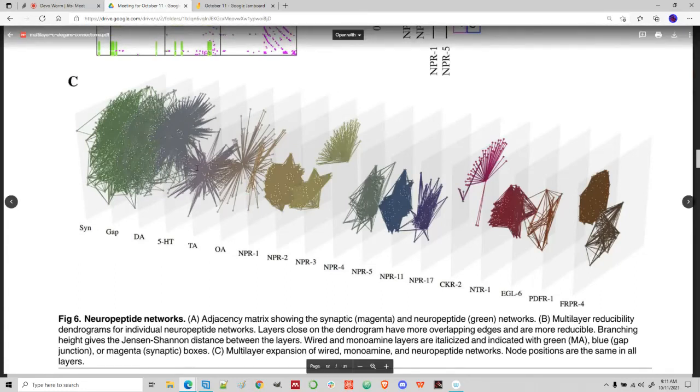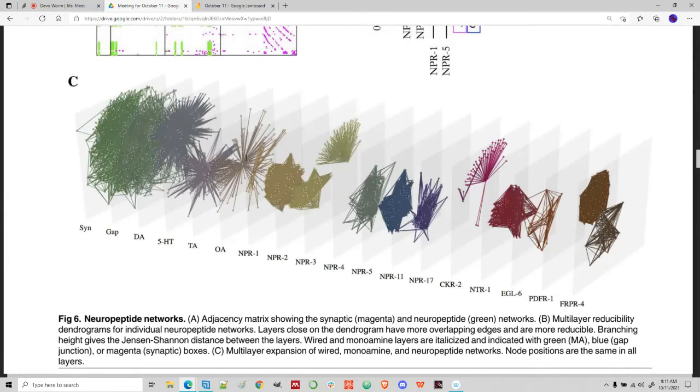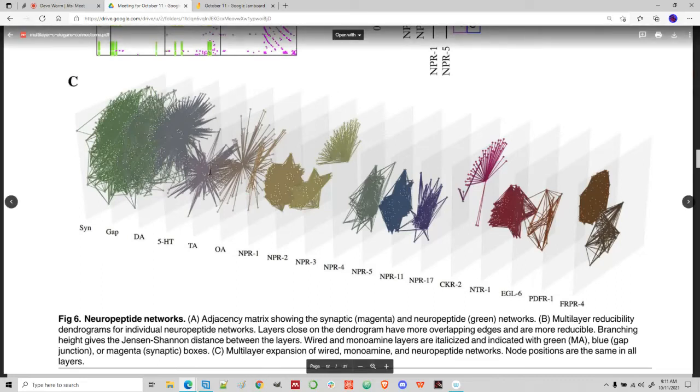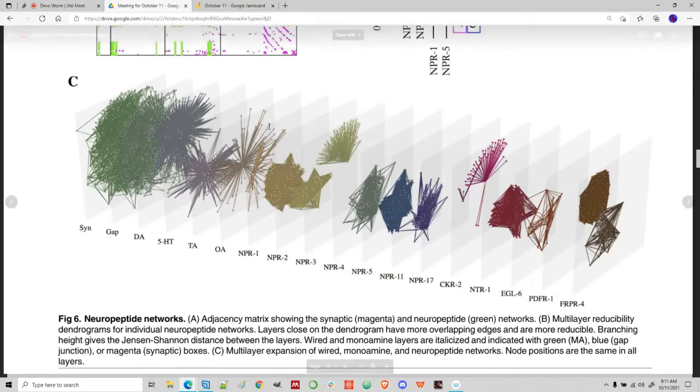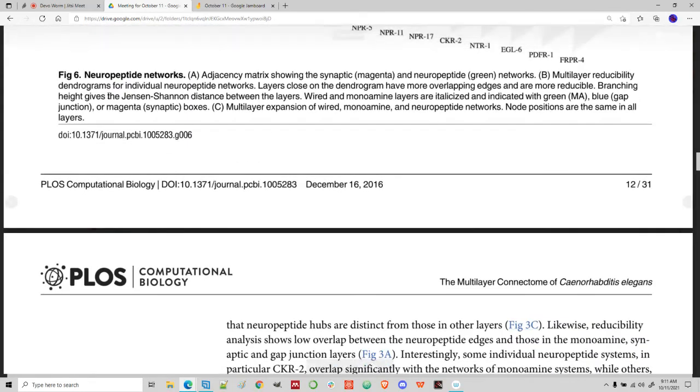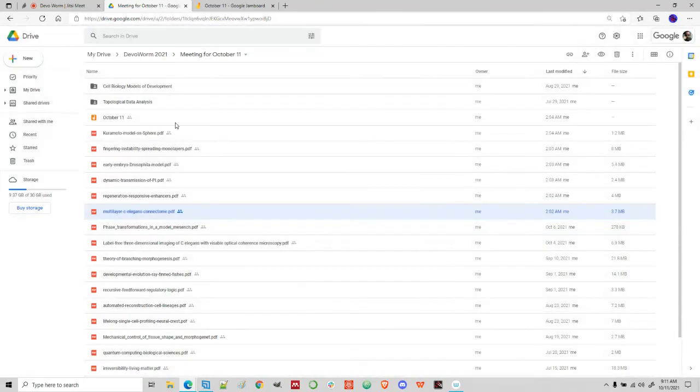This is something you might find if there's a mutant where some cell or some neurotransmitter is deleted, that will affect the behavior, and you can trace it back to these types of networks. So that's all I'm going to talk about for that today.